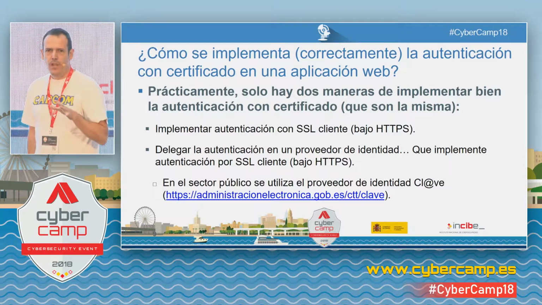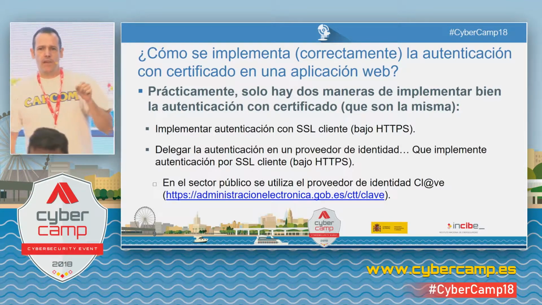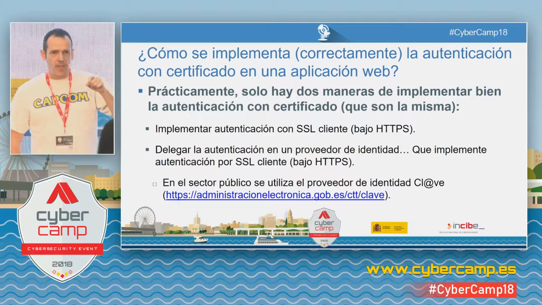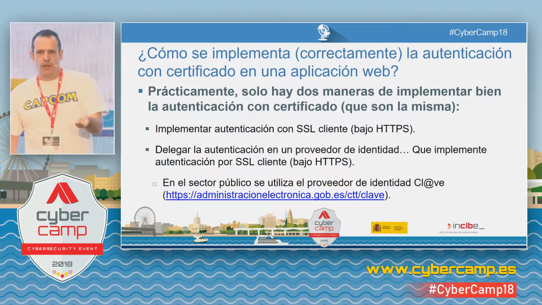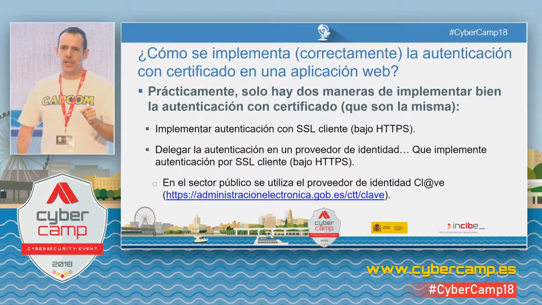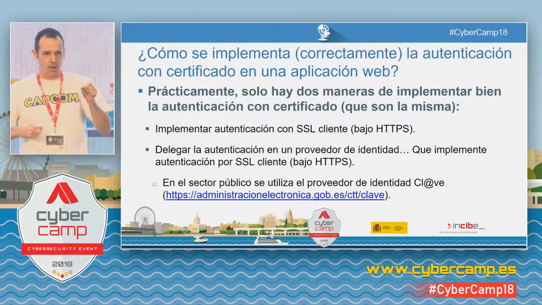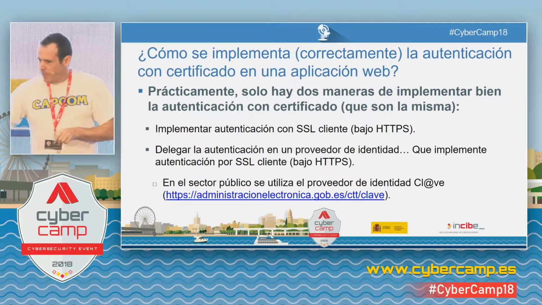I authenticate myself on a public administration site through an electronic certificate. Because I do it electronically, I need to have a certificate in my browser to identify myself. The only way to do it is through SSL with a client certificate. There is no other way to do it.